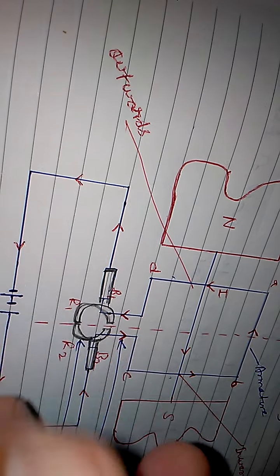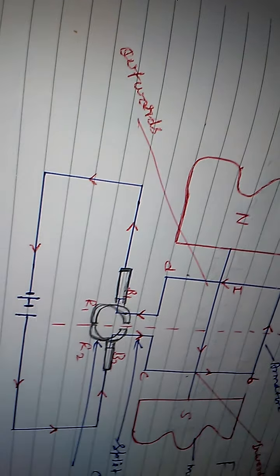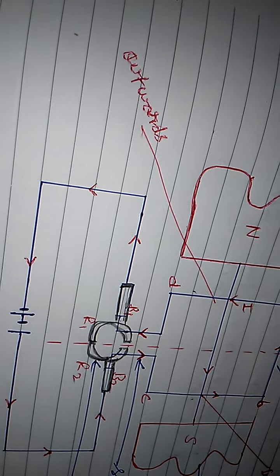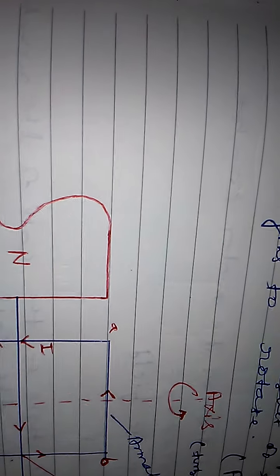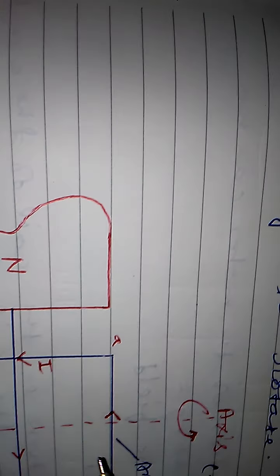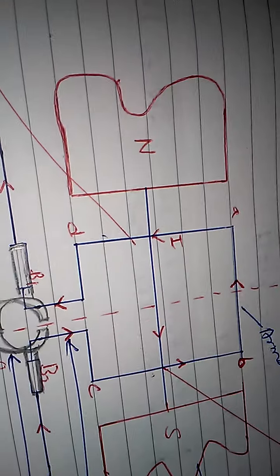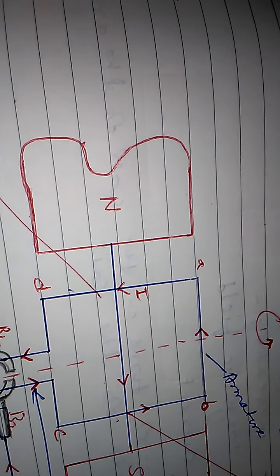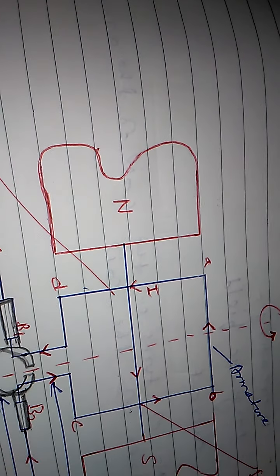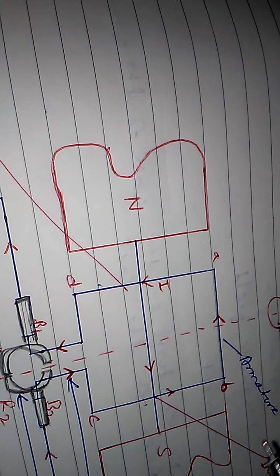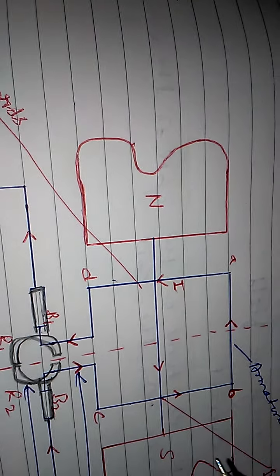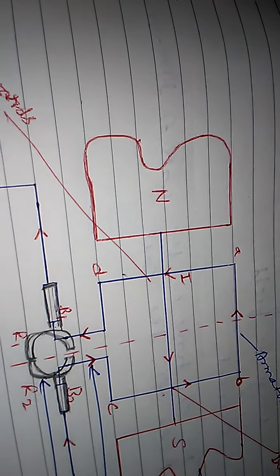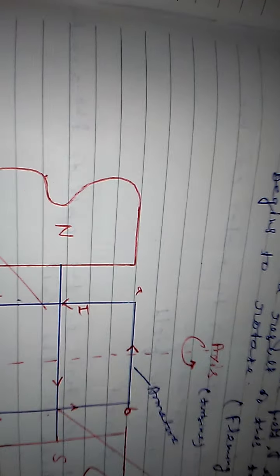This way the rotation continues. And you can see here one axis is given. Through this axis you can connect one turbine or one fan, and it gets energy, and this mechanical energy helps in the rotation of the motor, and it works properly.